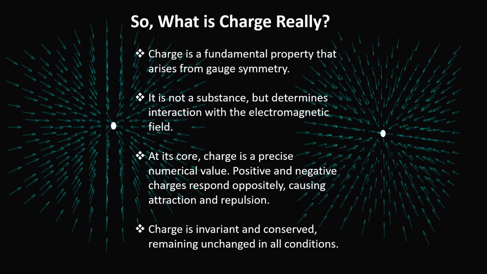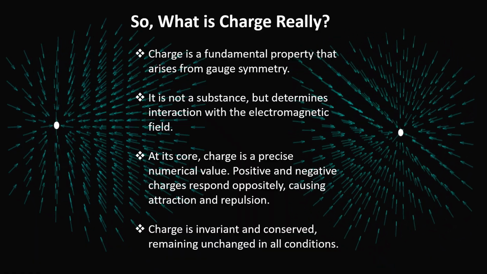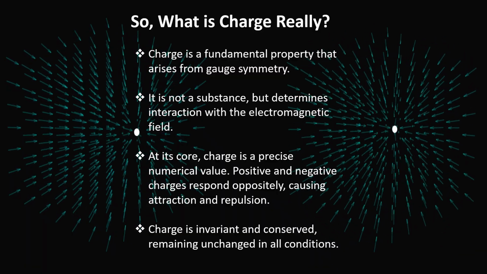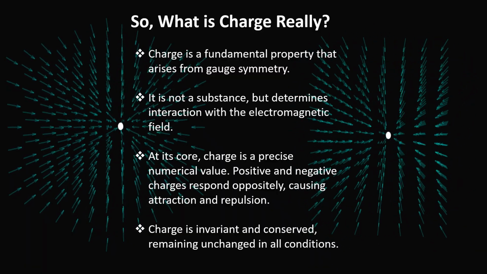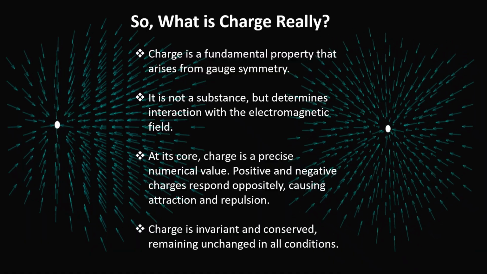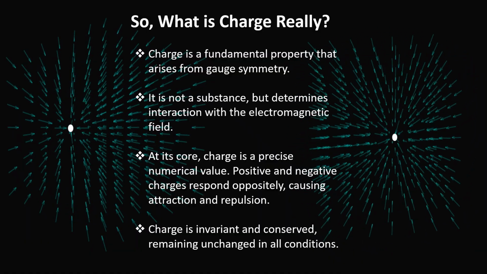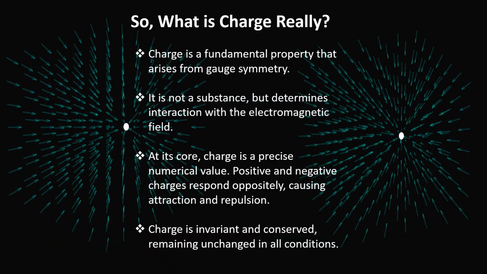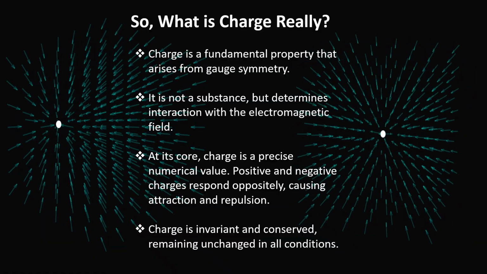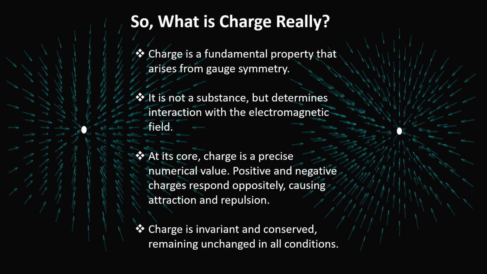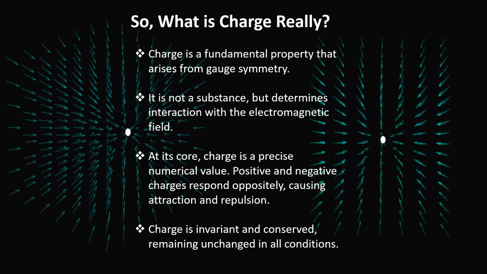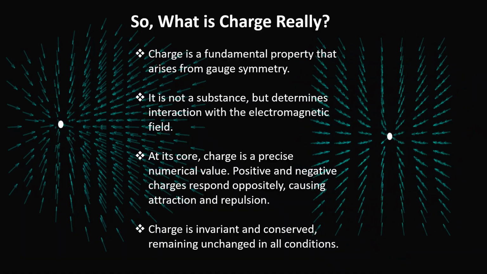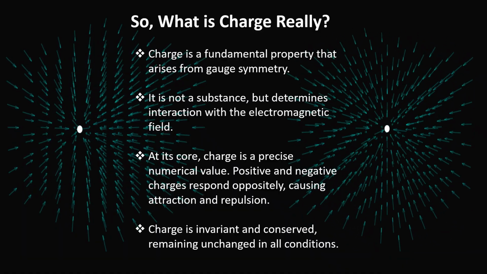From the phase perspective, it reflects how a particle's quantum wave function responds to a phase rotation. A positive charge corresponds to a phase that shifts in one direction under interaction with the field, while a negative charge shifts in the opposite direction because of the opposite response. Particles with like charges repel, while opposite charges attract. They are coupling to the same field but in fundamentally opposite ways.